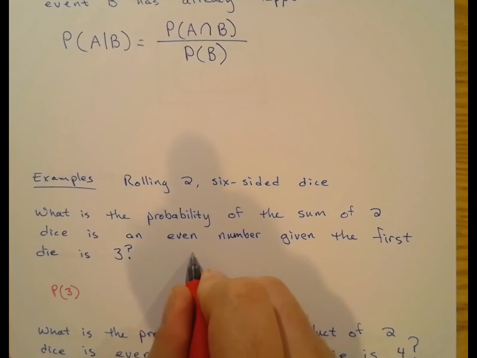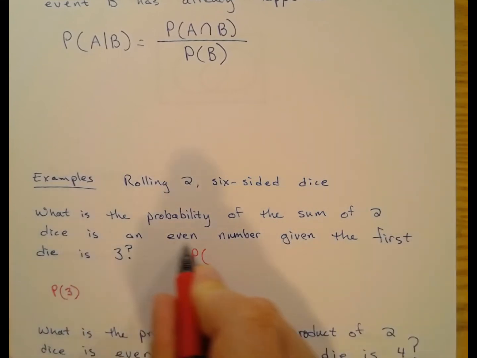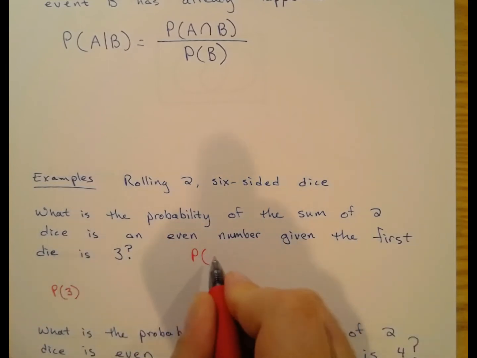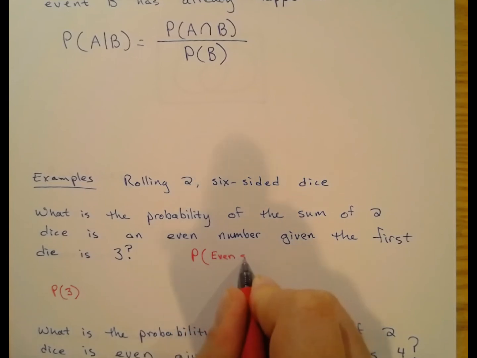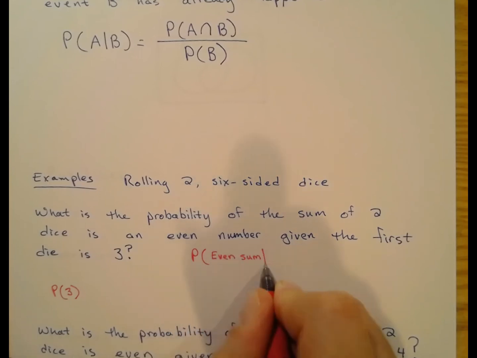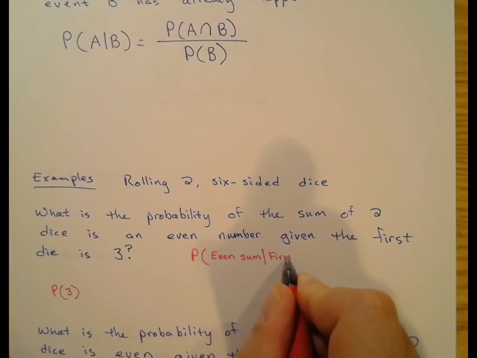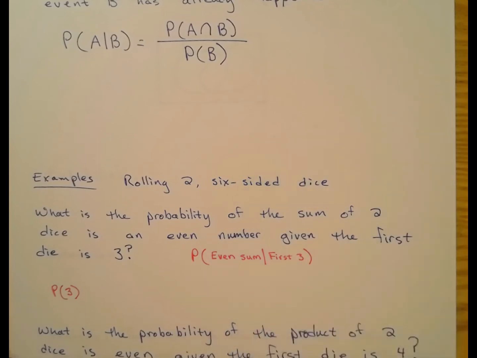What is the probability of having an even sum, given that the first die is 3? So our two events are even sum and first die is 3.